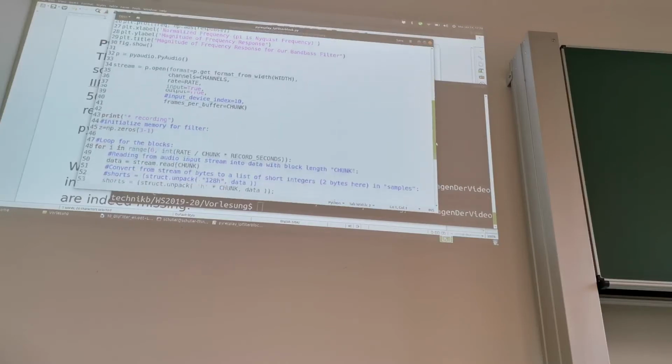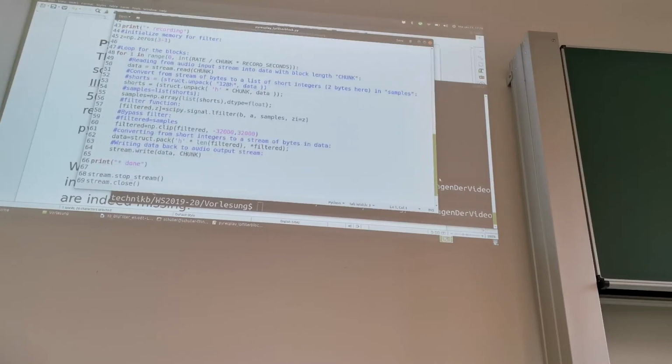Here we open the sound card, and here we have the loop over the samples. Here we read the samples from the sound card, convert them to floats. Then we apply this low pass filter here to the float samples. And we do it block by block, and that's why we need to read in the old memory and write out the new memory.